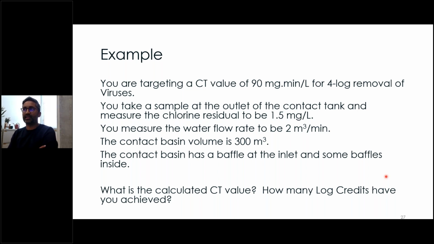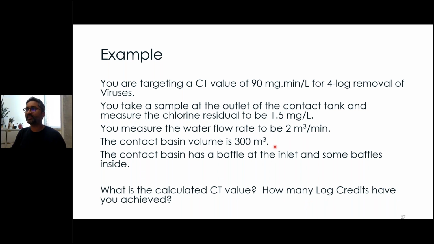And you take a sample at the outlet of your contact tank and you measure that the chlorine residual is 1.5 milligrams per liter. And then you measure the water flow rate to be 2 cubic meters per minute, and the contact basin volume is 300 cubic meters. The contact basin has a baffle at the inlet and some baffles inside. And the question is, what is the calculated CT value? How many log credits have you achieved?